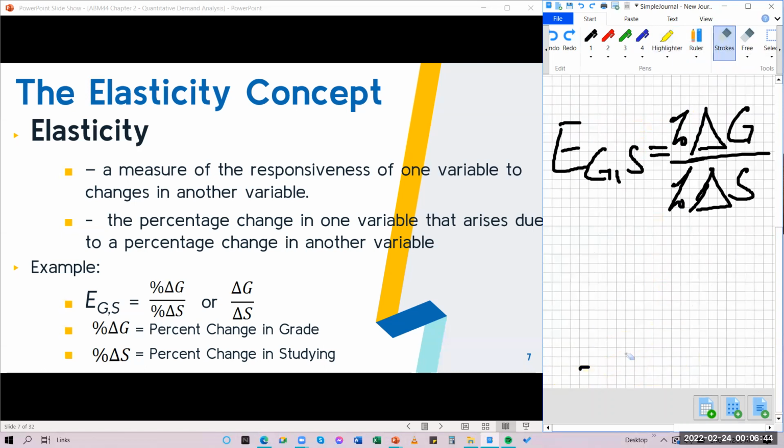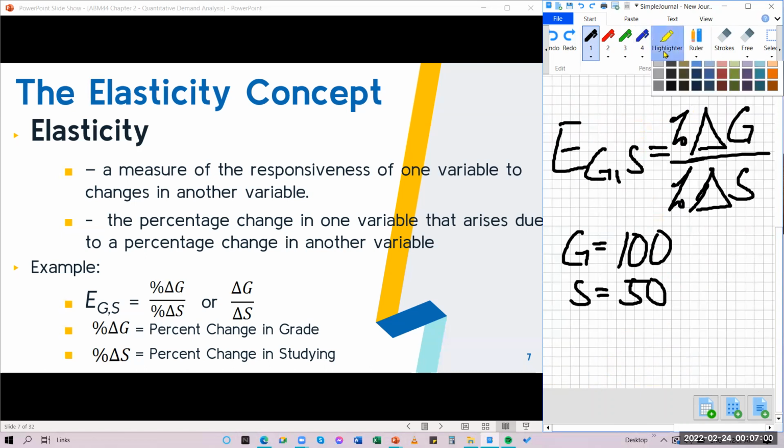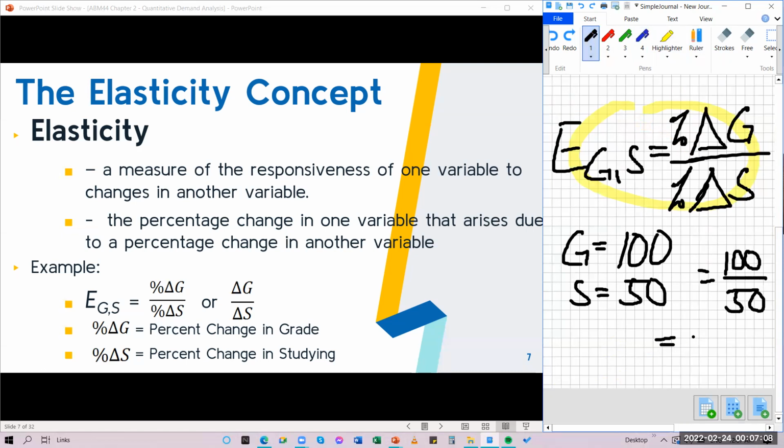So example again: your percentage change in grade is 100, what you want to attain, and your studying is only 50. So you are not studying much, just chilling. We will be using this formula, 100 over 50, and the answer would be 2.